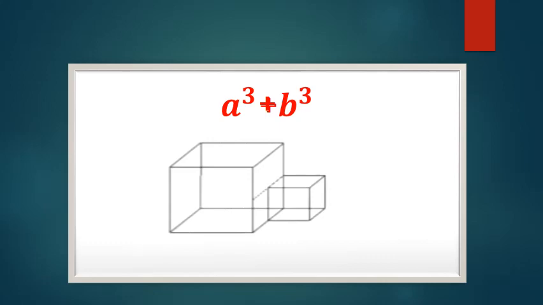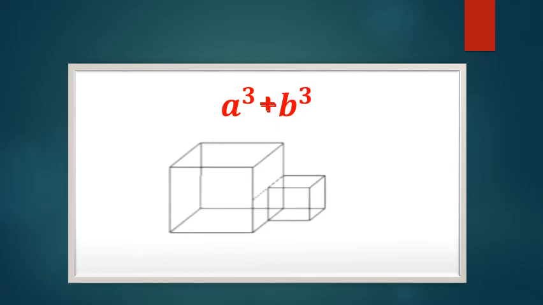And why we are going to add them, why we are not subtracting them, or why we are not taking their product, because we are going to derive this identity, that is the sum of two cubes. We are not going to derive any other difference or product.